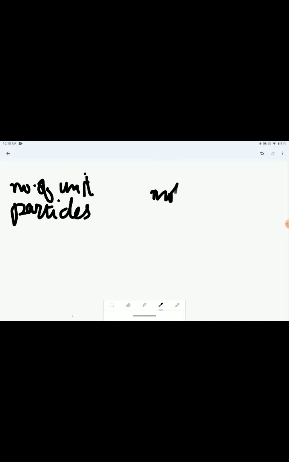Let's say number of unit particles, and let's say number of moles, and let's say mass that was provided in the question. Let's call it given mass.